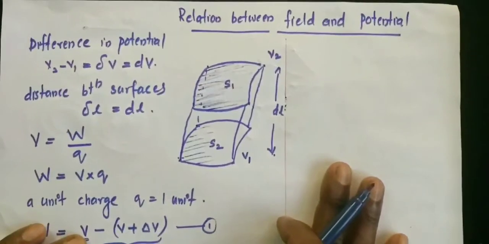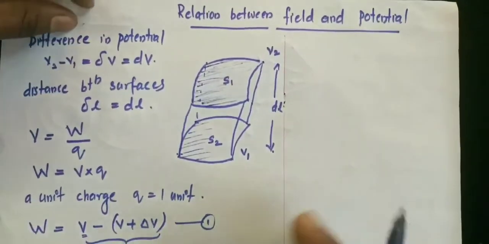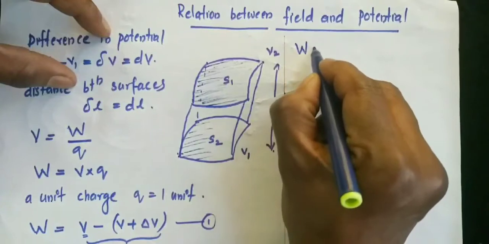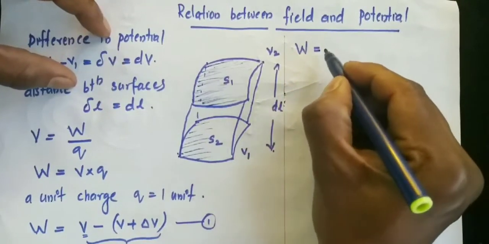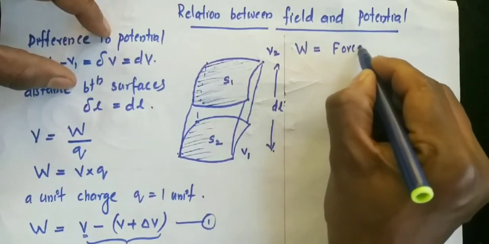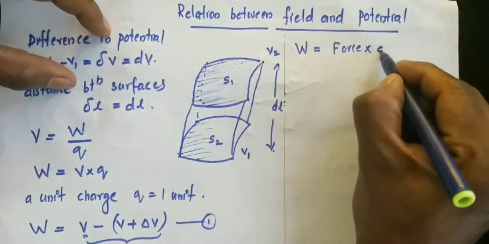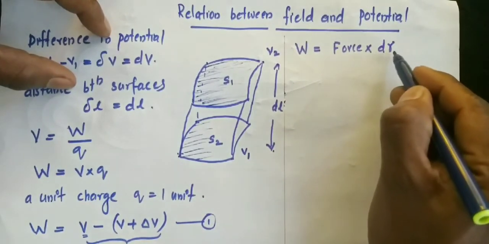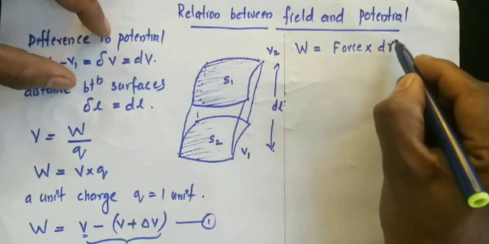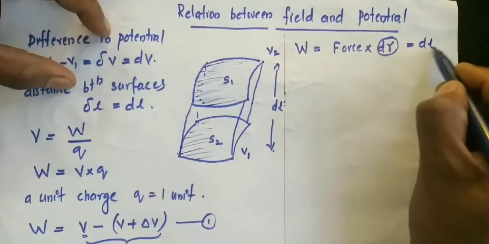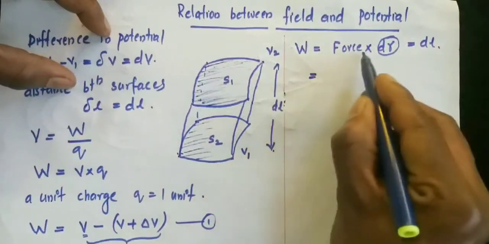Okay, anyway, from Newtonian mechanics, we already know work W is equal to force into displacement. So we will be correlating this equation with the equation in electrostatics. So you will be wondering how the equation is going to change from Newtonian mechanics to electrostatics. So here distance dr can be dl or delta L, whatever it is.